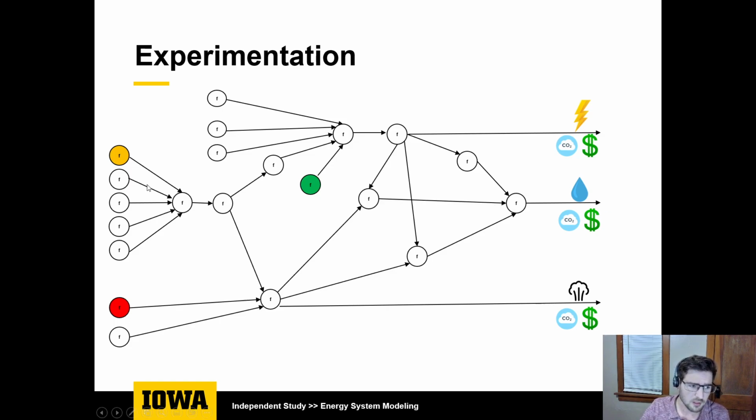So for example, if this node is a boiler, we can ask the question, what if this boiler didn't burn coal? What if it burned energy pellets instead?